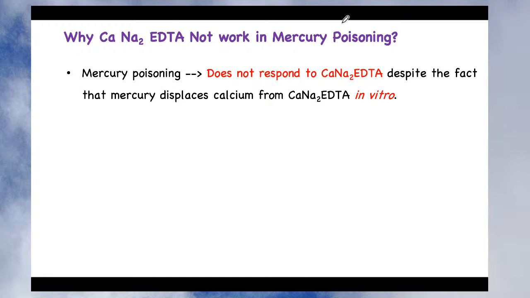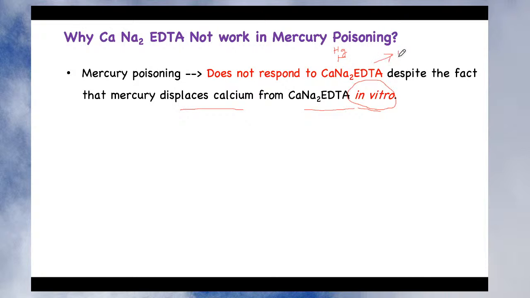Mercury poisoning does not respond to calcium disodium EDTA, despite the fact that mercury displaces calcium from calcium disodium EDTA in vitro. So this is very interesting. When you mix calcium disodium EDTA with mercury, which is denoted by Hg, it replaces the calcium.